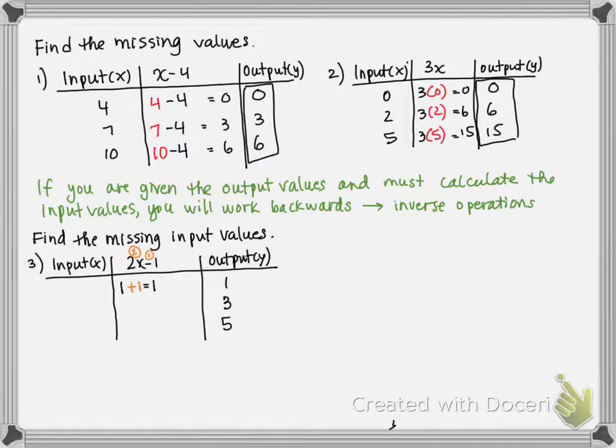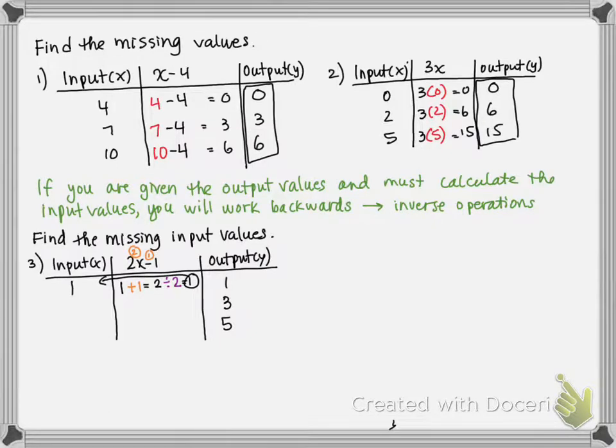And then the inverse of multiplying by 2 is going to be dividing by 2. Okay, and so that gives us the answer of 1. That 1 is going to go over here.